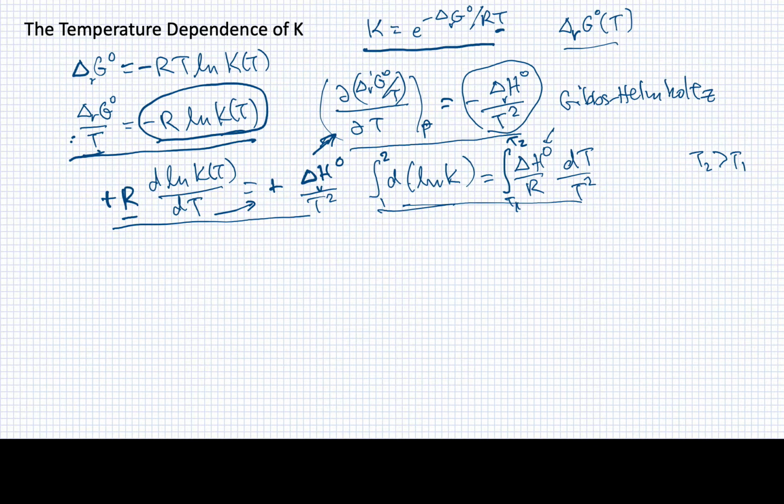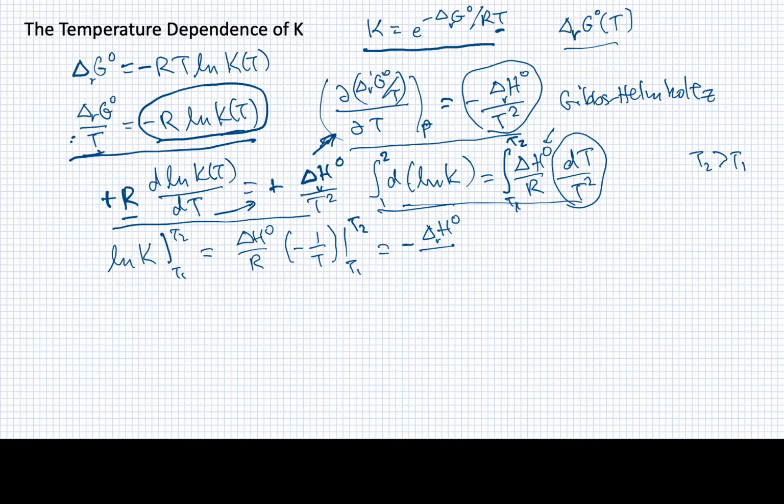When I integrate this, I'm just going to get log of the equilibrium constant evaluated from T1 to T2. And on the other side, I'm going to get delta H0 over R, and then the integral of this thing is negative 1 over T, again integrated from T1 to T2. I can in turn write that as negative delta H0 of the reaction divided by the gas constant times 1 over T2 minus 1 over T1.